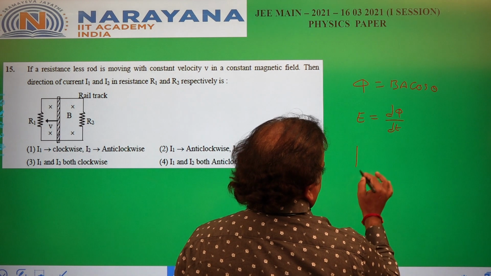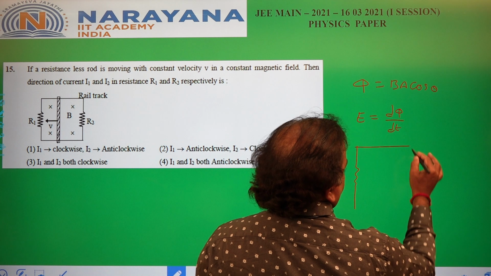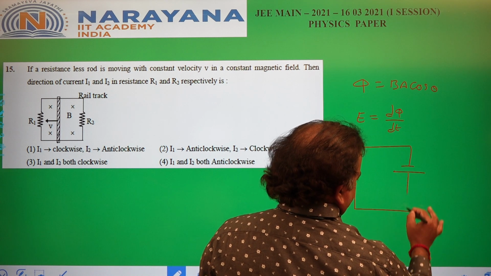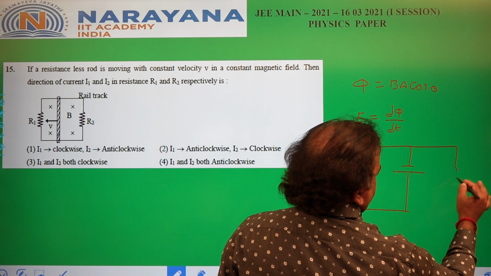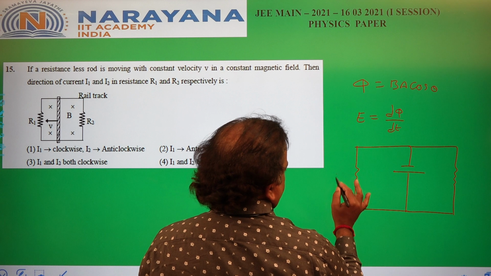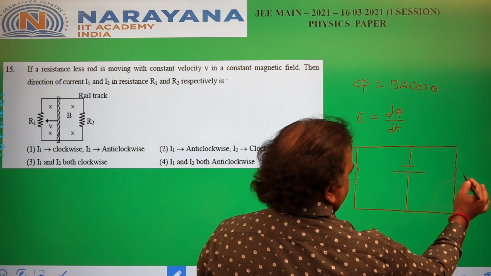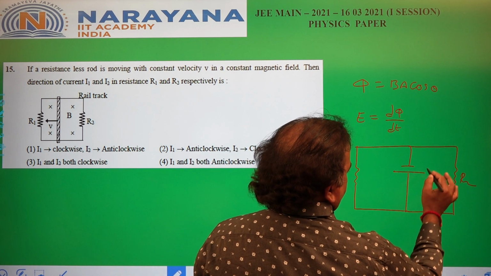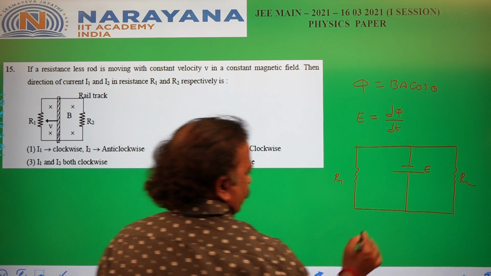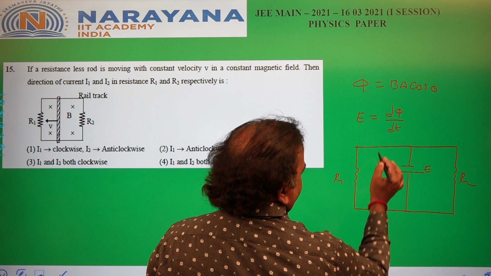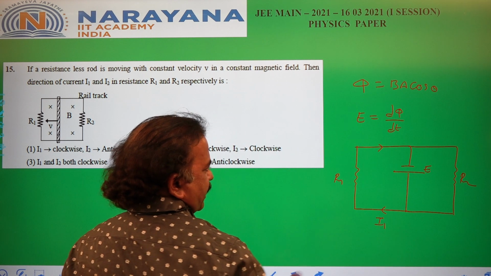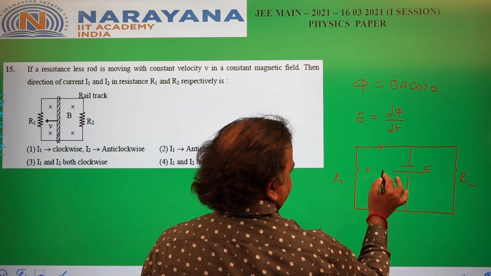If you take a circuit in this way, you can expect a cell here, and this is another resistance. This is resistance R1 and this is resistance R2. You can expect a cell. Now the current in R1 will be I1, that is the induced current.